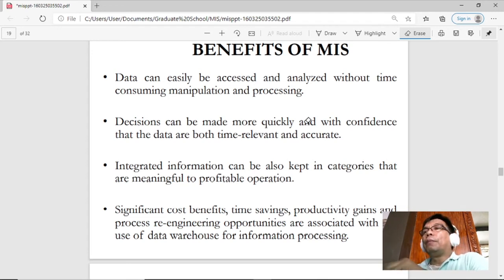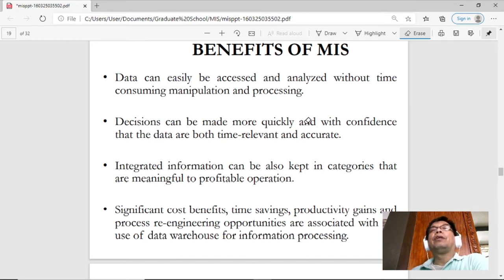If you do that manually within 5 days, by the time you are through with the report, maybe already some have paid. So the report is not anymore accurate, and of course, it's no longer time relevant.